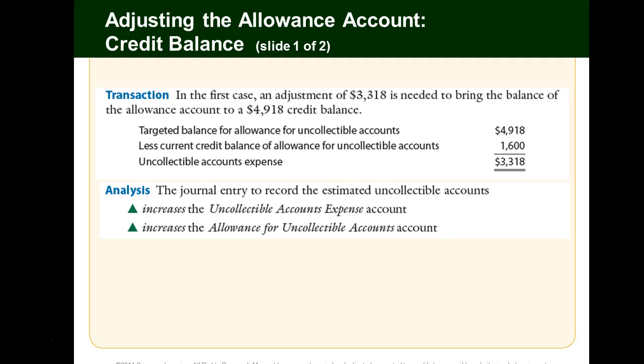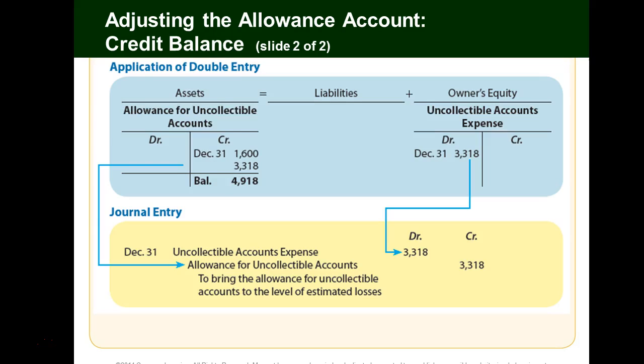In order to do that, we will create a debit to the uncollectible account expense of $3,318 because we want it to show $4,918. Since $1,600 is already sitting in there, we're going to do the difference to create a new balance of $4,918. We're going to debit our uncollectible account expense, credit our allowance to bring the allowance for uncollectible accounts to our level of estimated losses.